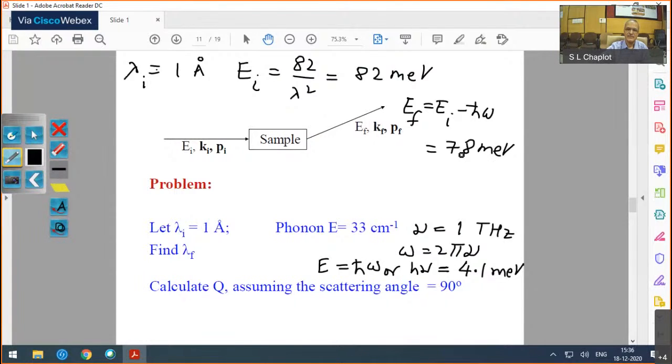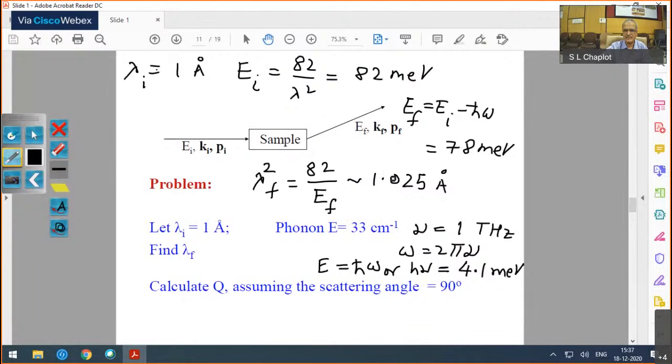Okay, so now if I have to get the wavelength, lambda f square will be 82 divided by EF. And so if you put it, this will come to about 1.025 angstroms. It is simply 82 divided by 78. So that's the number we normally get.